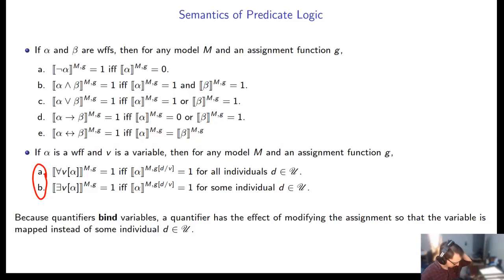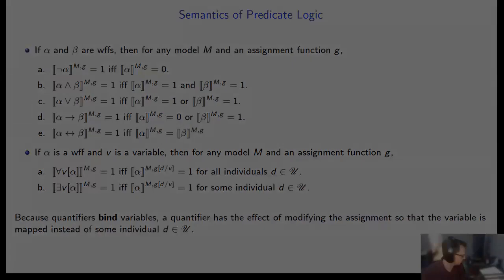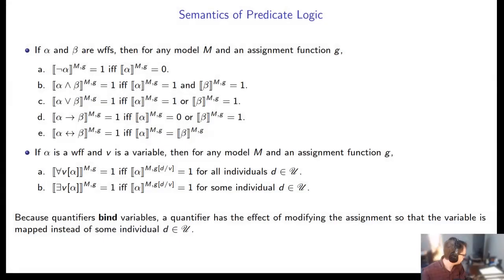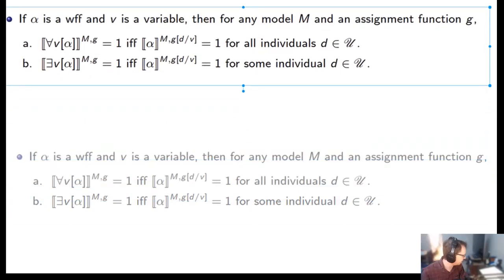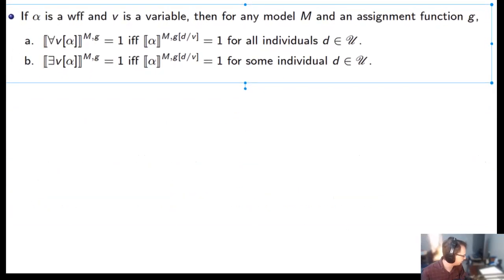And this is where the assignment functions come in. In fact, let's just do this on a separate page, just so we're not muddying up the screen with the other stuff. So the connectives are going to be exactly the same, so let's not focus on that stuff.